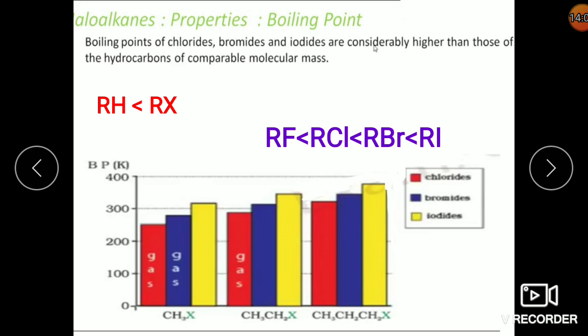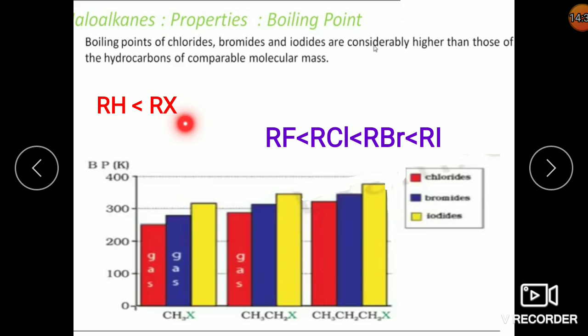Next, the boiling points of chlorides, bromides and iodides are considerably higher than those of hydrocarbons of comparable molar mass. If you choose one hydrocarbon and compare it with the haloalkane, where H is replaced with halogen, what is the atomic mass of hydrogen? It is 1. And the atomic mass of chlorine? 35 onwards. So obviously it will have more mass.